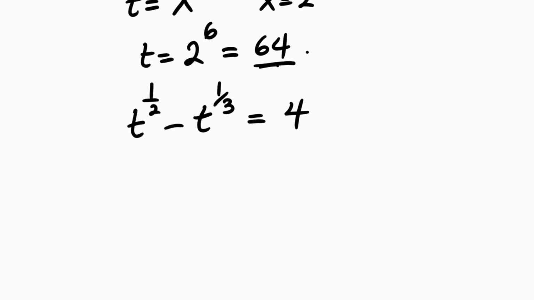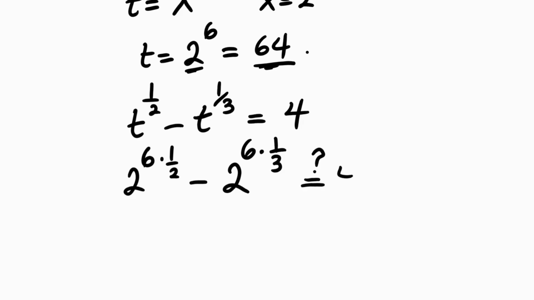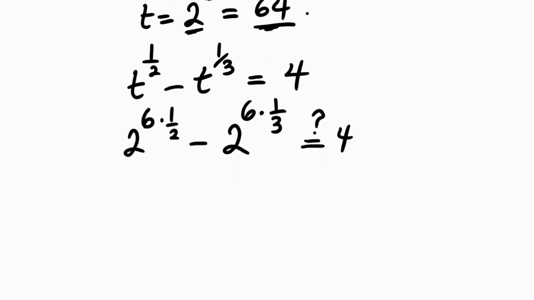So our t is 64, right? Which is 2 raised to the power 6. So we have 2 raised to the power 6 times 1 over 2 minus 2 raised to the power 6 times 1 over 3. We're trying to see if that's going to be equal to 4. That way, if it is, then we know the value of x, which is 2, is correct.